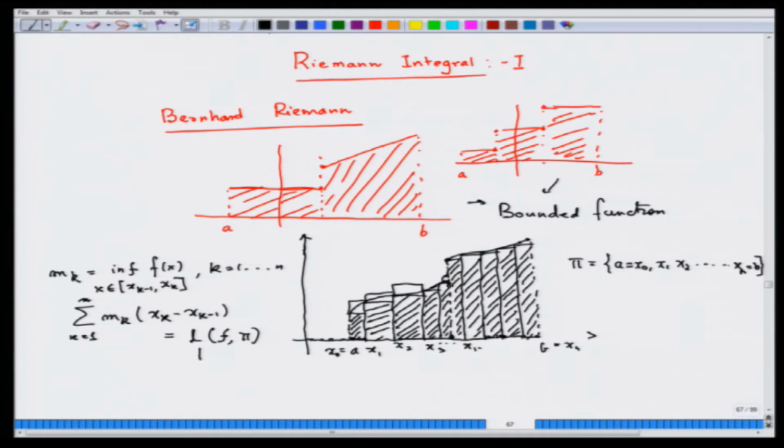So, this is called the lower Riemann sum. Similarly, you can construct the upper Riemann sum.